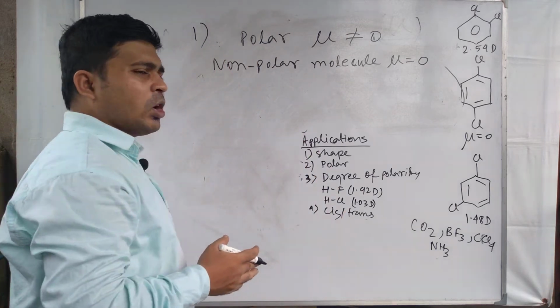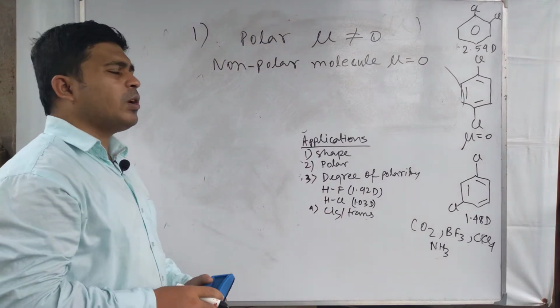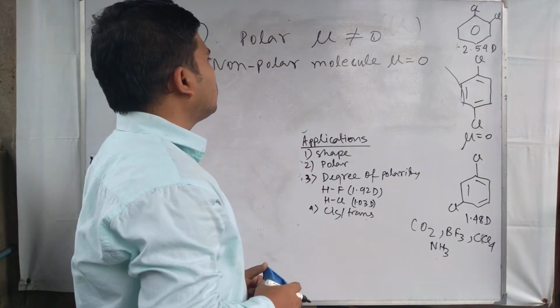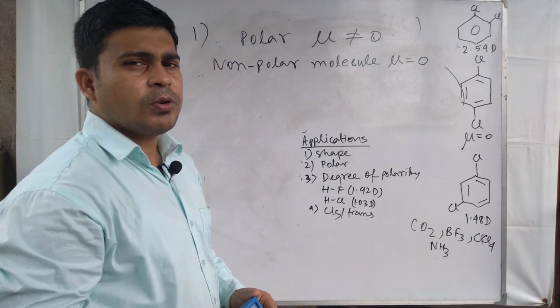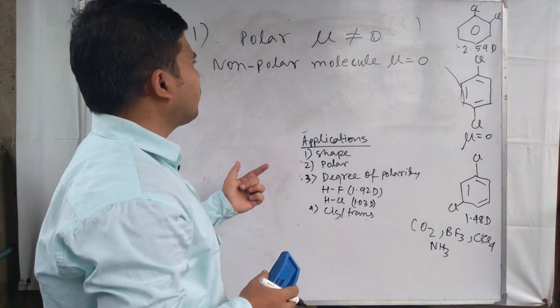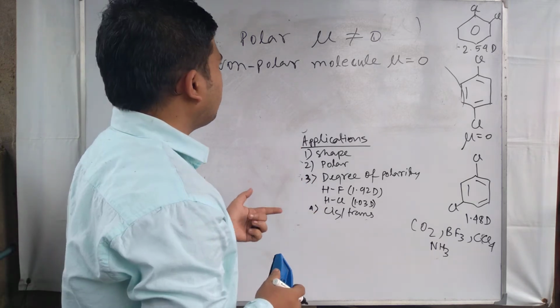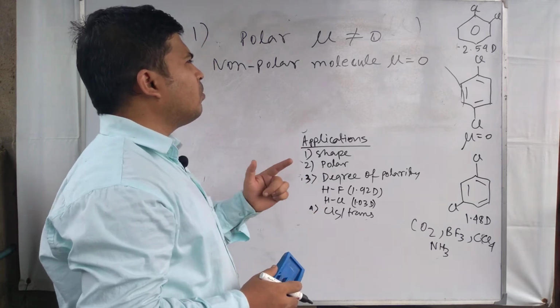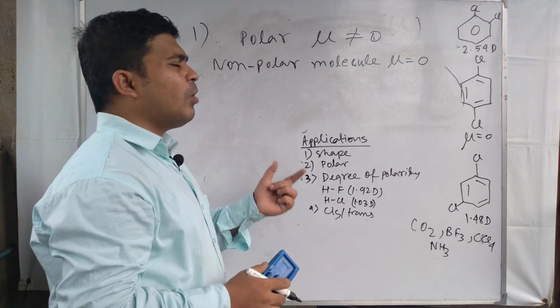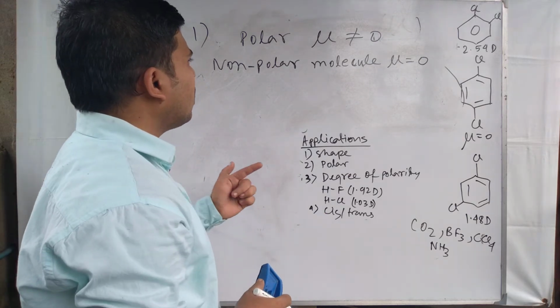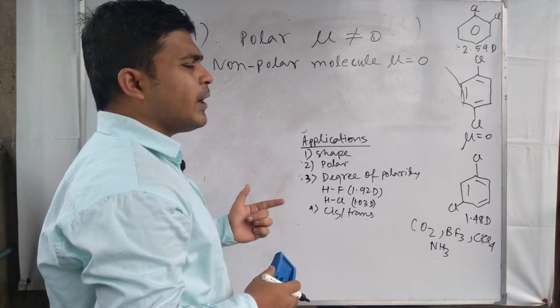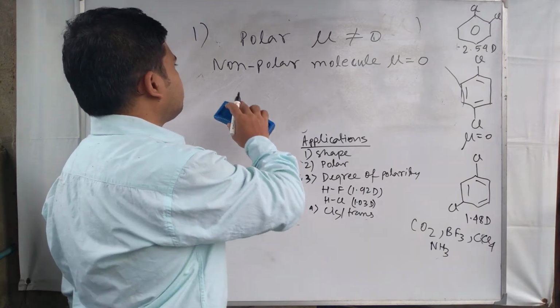So from this dipole moment measurement we can find the polar and non-polar nature of a molecule. If we find that the dipole moment is 0, the molecule is non-polar, and if the molecule has a non-zero dipole moment, mu not equal to 0, then the molecule is polar.